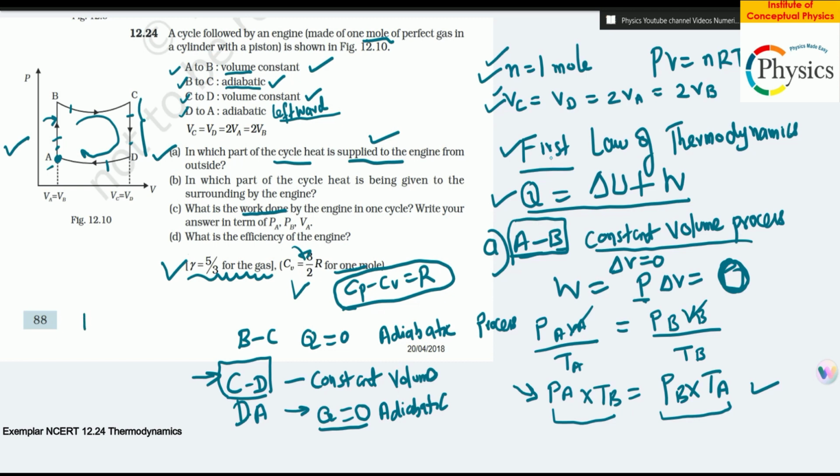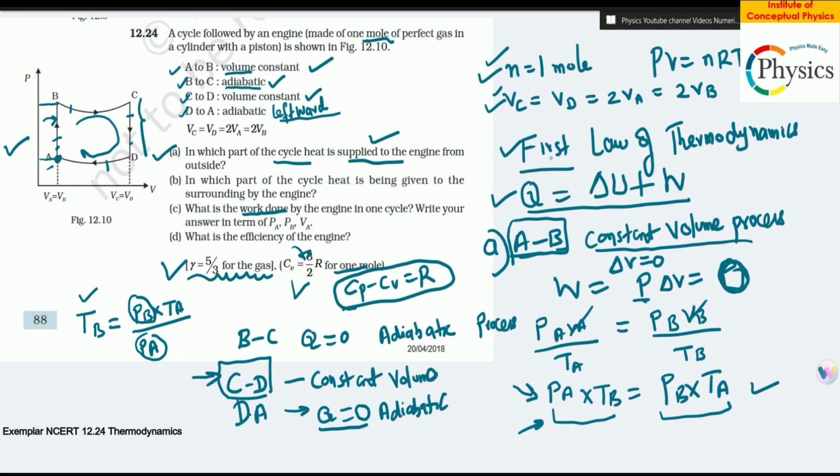So let's calculate the TB. Using this equation, TB is equal to PB multiplied by TA upon PA. I know the pressure at B is very high, and the pressure at A is low, and therefore the temperature has gone up, right?